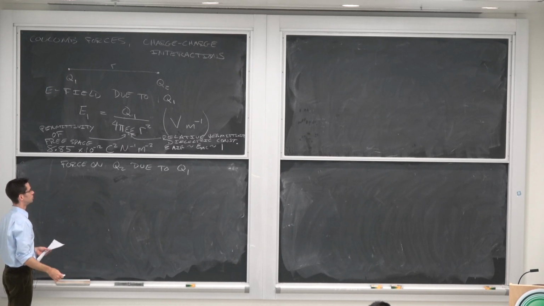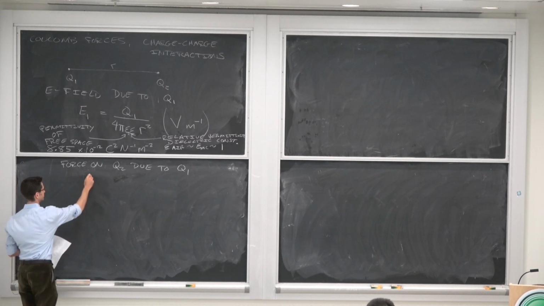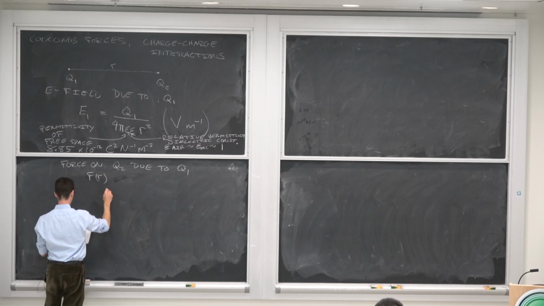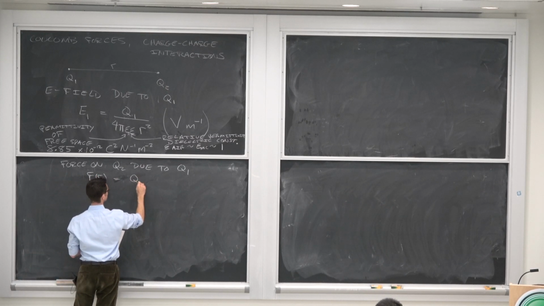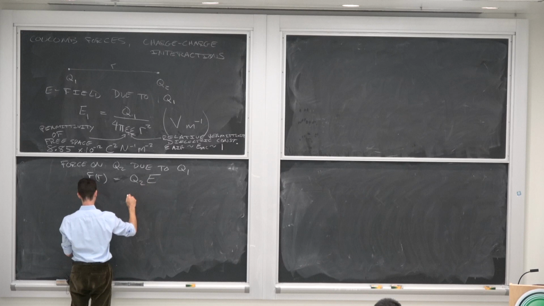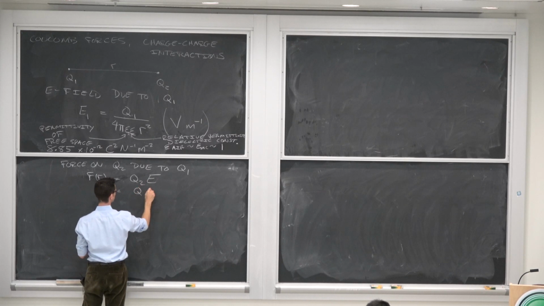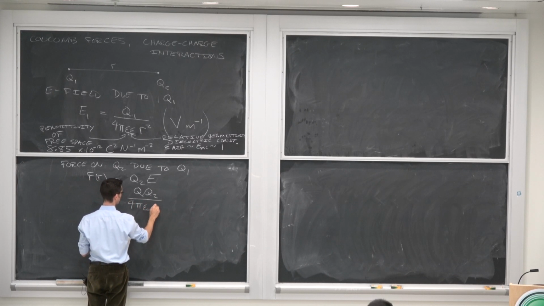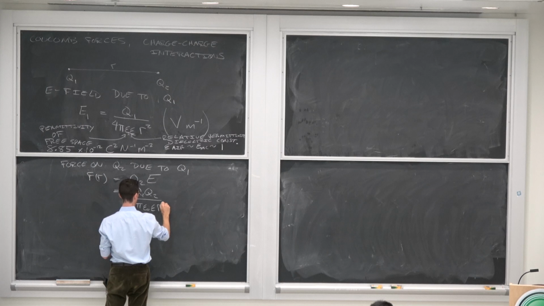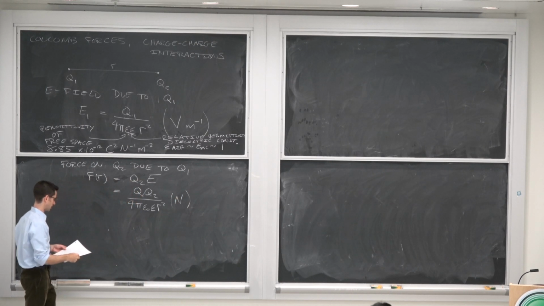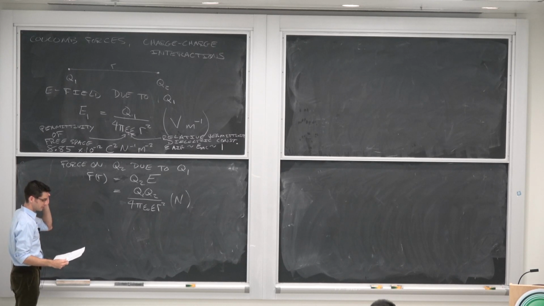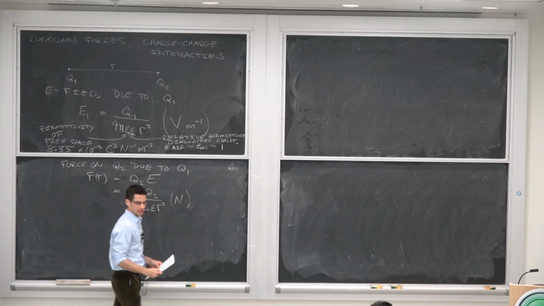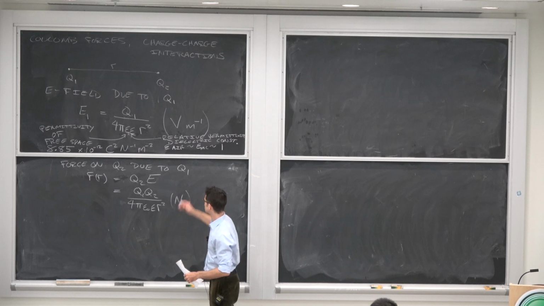The force equals the charge on 2 times the electric field, or Q1 Q2 over 4 pi epsilon naught epsilon r squared. And force has units of newtons. Okay. That's the electric field, the force.